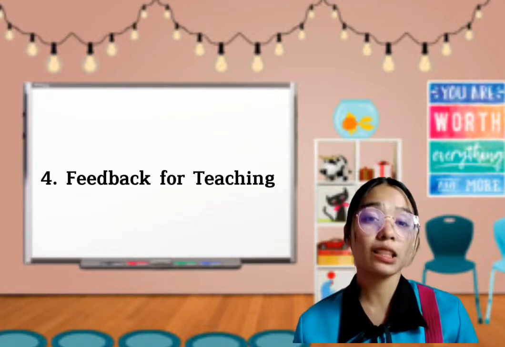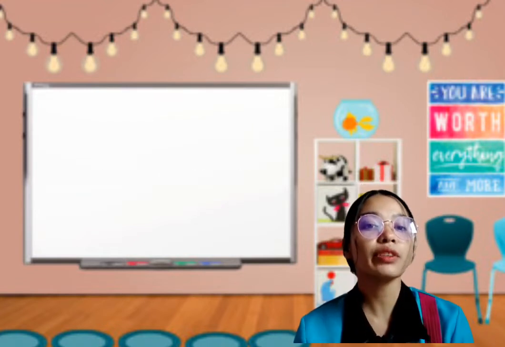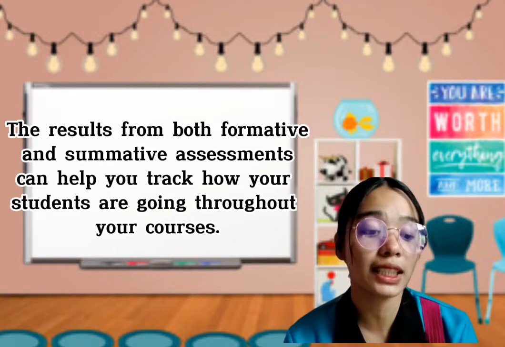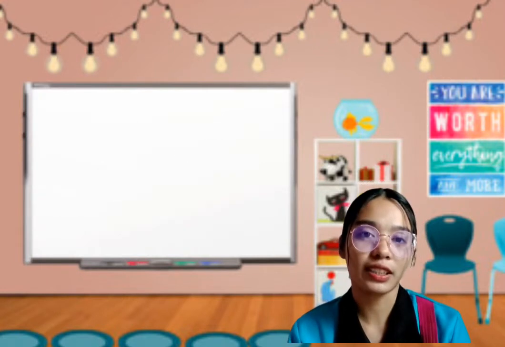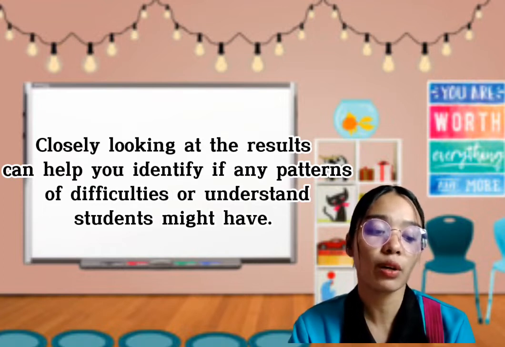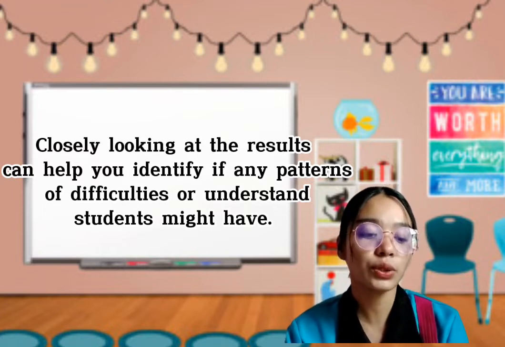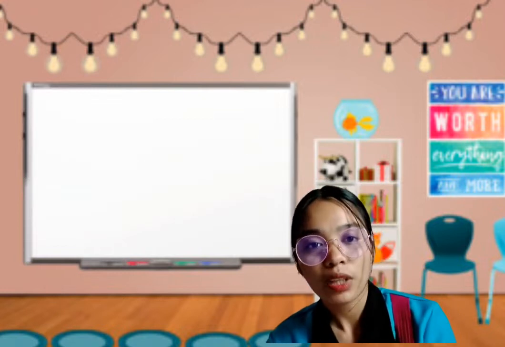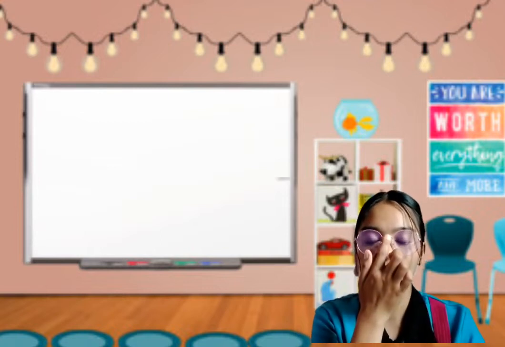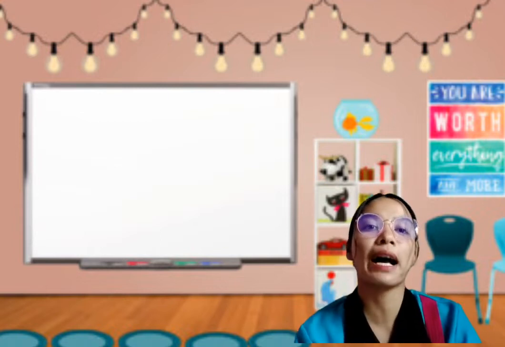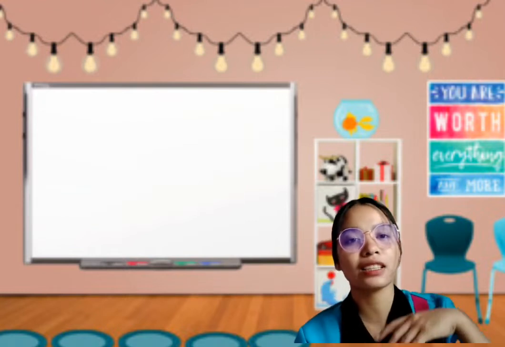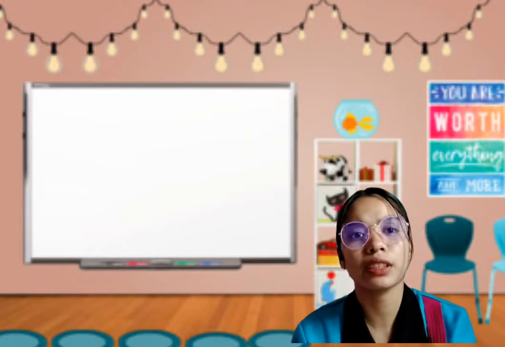So the fourth one is the feedback for teaching. The result from both formative and summative assessment can help you track how your students are going throughout your courses. Closer looking at the result can help you identify any patterns of difficulties or understanding students might have. So in this fourth process of assessment is where the teacher could give feedback on how his or her students react on the whole lesson that has been discussed.